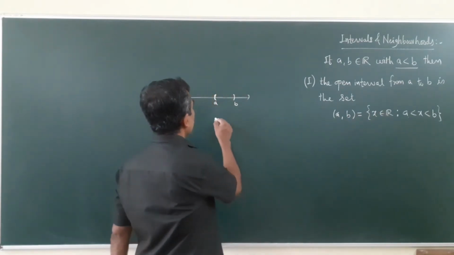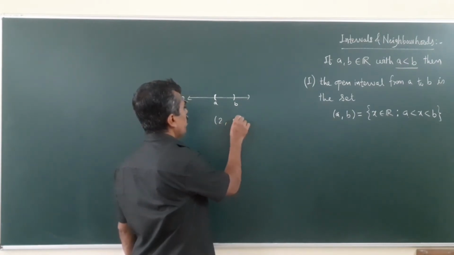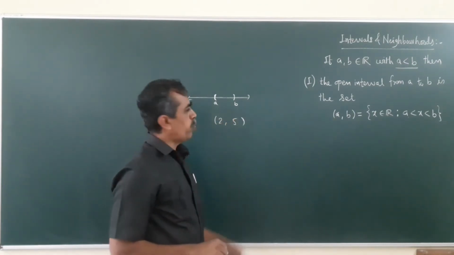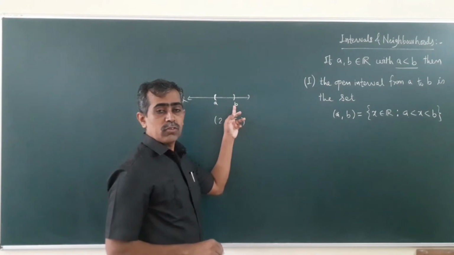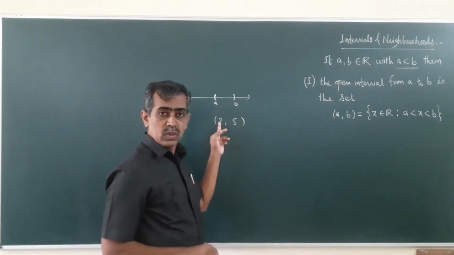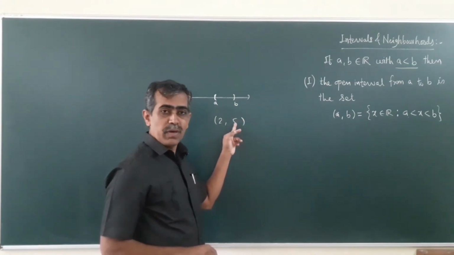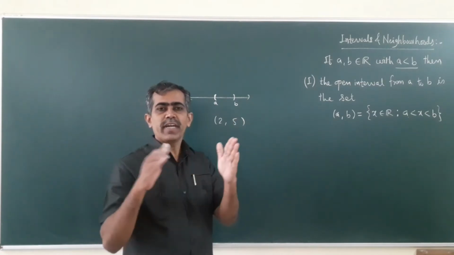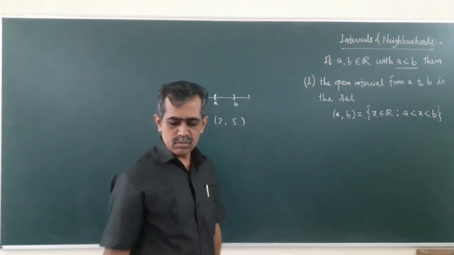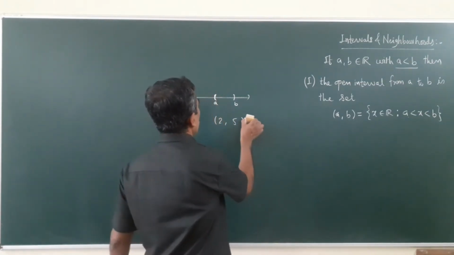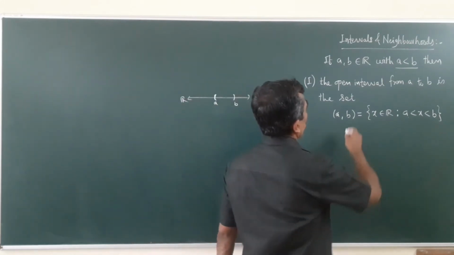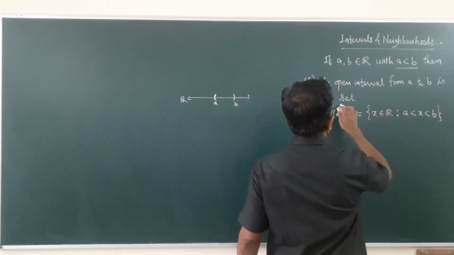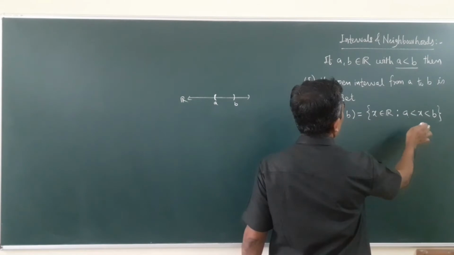For example, consider the open interval 2, 5: all real numbers greater than 2 but less than 5.